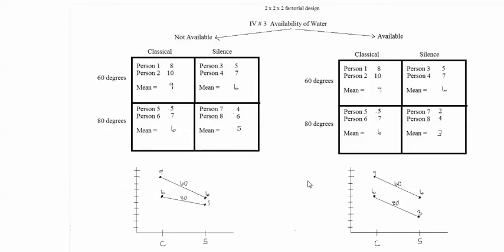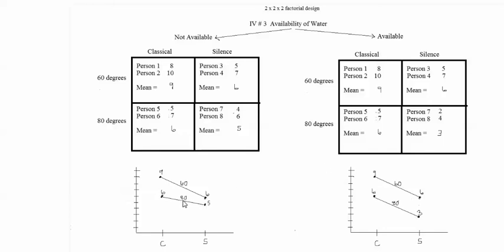So let's take a look. Over here we have an interaction because the lines are not parallel. And over here we don't have an interaction because the lines are parallel. So we have an interaction in one graph but no interaction in the other graph. That's a three-way interaction. So we do have a three-way interaction. If they had both been parallel, that would have been no three-way interaction.